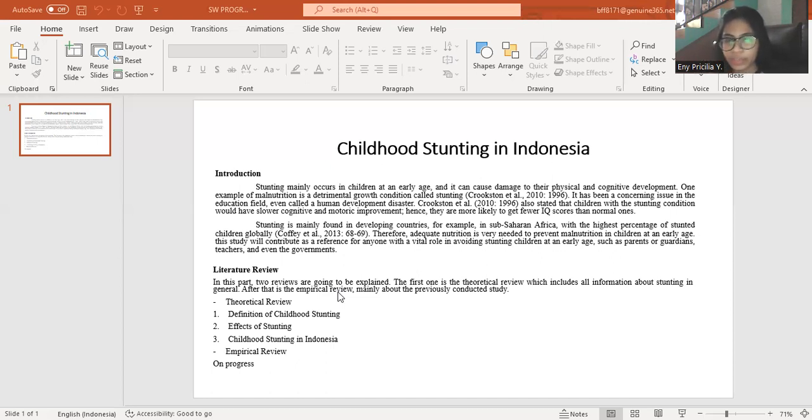But Mr. Harry said that in the empirical review, we must use articles that are from the last 5 years and not older than that. So I think I will be revising the articles that I'm going to use.